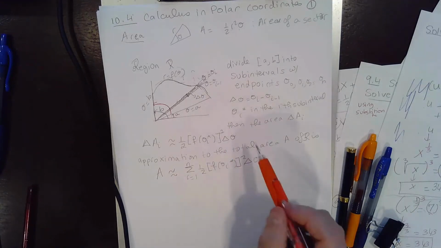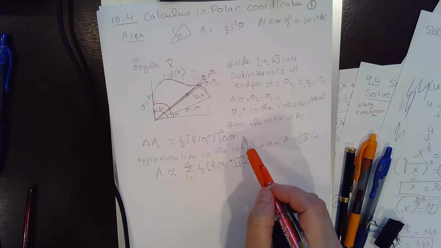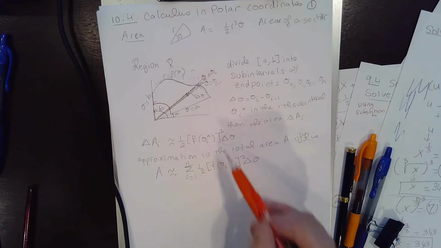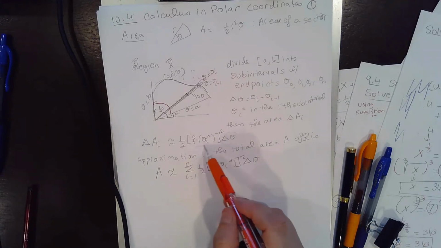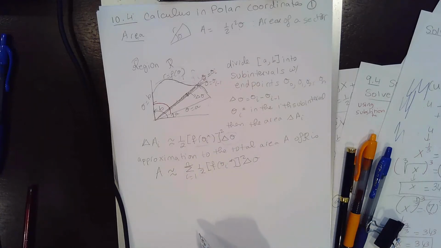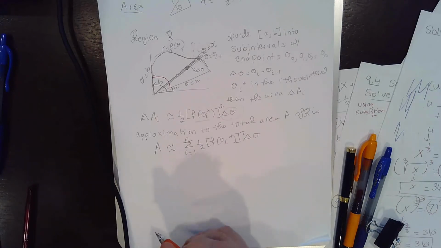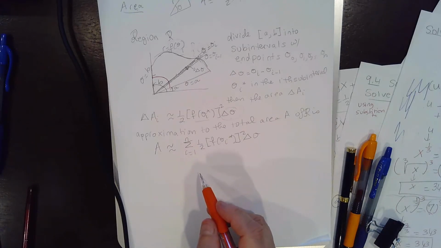Again, this is the area with central angle delta theta, right? And r is this. All right. So this is an approximation of the total area. Now, obviously, the approximation improves as n approaches infinity, as we've seen in the past. You know, the Riemann sums, right?